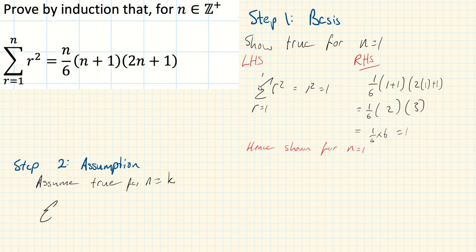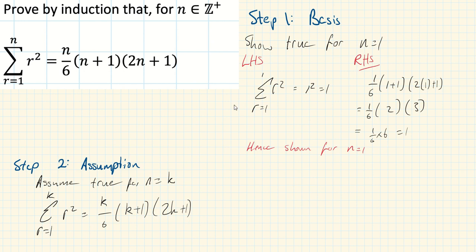We're going to use this later. It's the step of saying, what can we use? We're going to use the assumption that this is equal to k over 6, k plus 1, 2k plus 1. So we're going to assume that that's true.